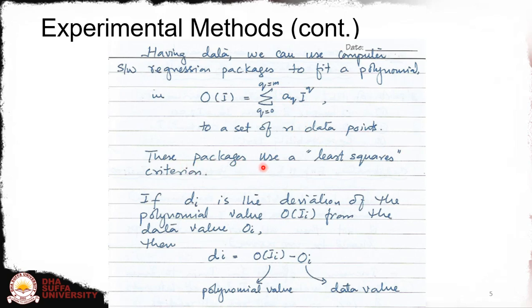These packages mainly use the least squares criterion, in which di is the deviation of the polynomial value from the data value. This is the difference between the polynomial value minus the data value. Note that Oi is the actual value, and Ii is basically the polynomial value, and di is the difference for this data point.